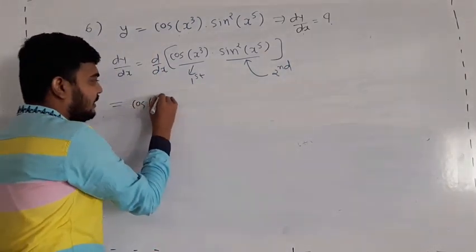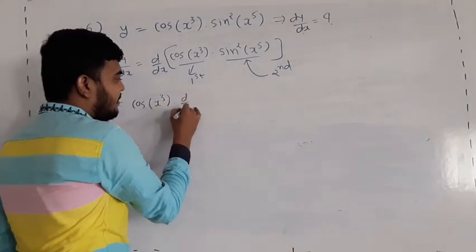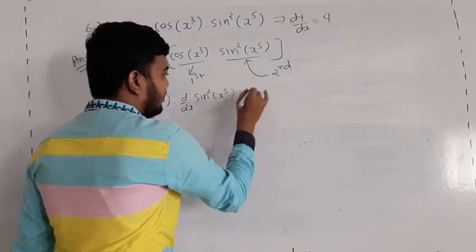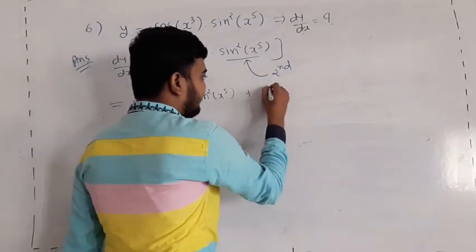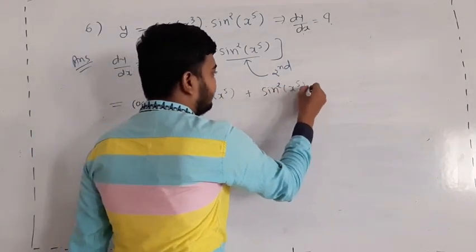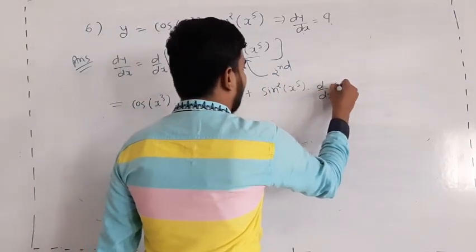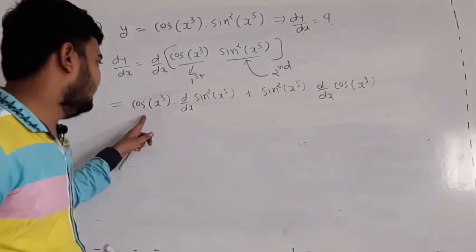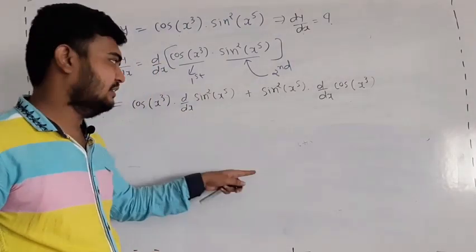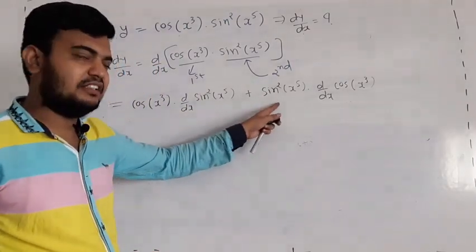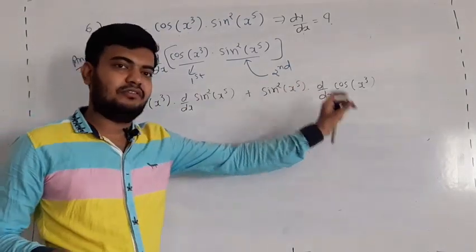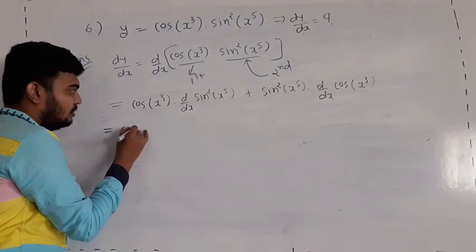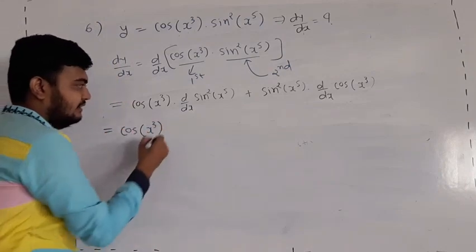First function as it is, d by dx of second function, plus second function as it is, d by dx of first function. Okay, so cos of x cube as it is.